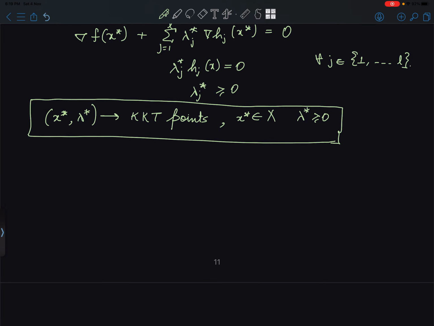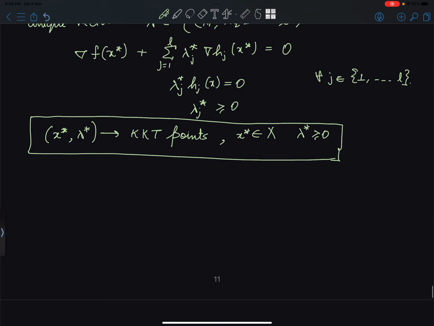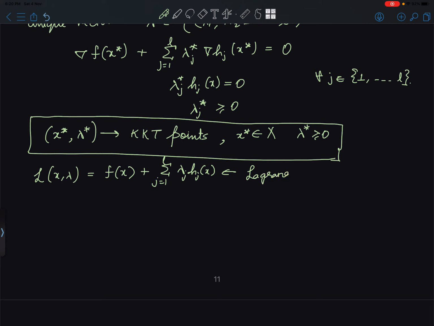And we take the gradients together and call the function L(x, λ) the Lagrangian, which equals f(x) plus summation λ_j h_j(x), j from 1 to L. We call this the Lagrangian function, and the gradient of this Lagrangian function equals 0.